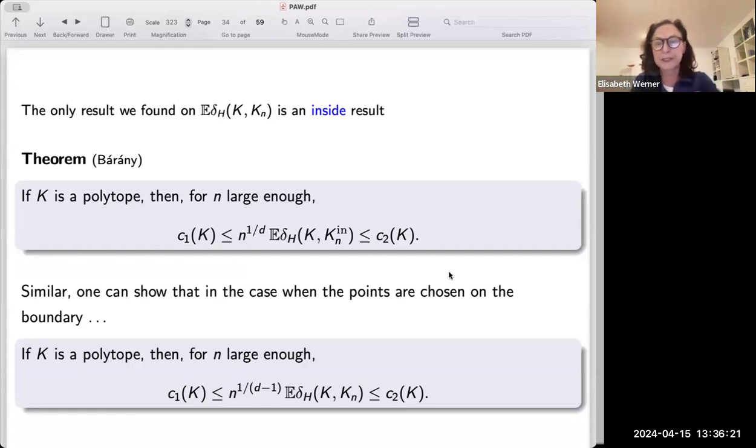We'll just call it by the same name because we don't really know what they are exactly. We know they exist. So that was not quite satisfactory, but already one thing we learned from this, namely the right dependence, at least on the number of chosen points when we choose the points on the boundary. And this dependence is n to the 1 over d minus 1. But as I said, what we really want was the exact asymptotic behavior.